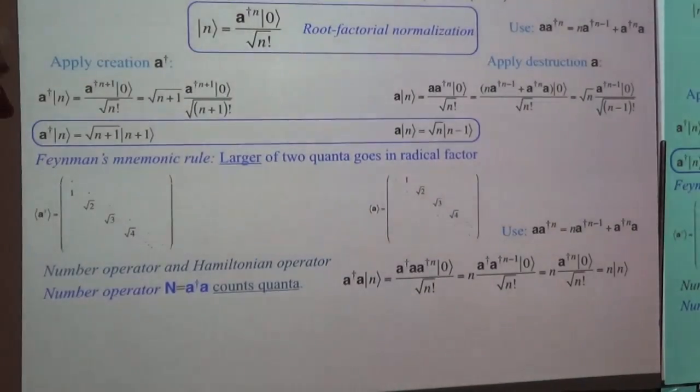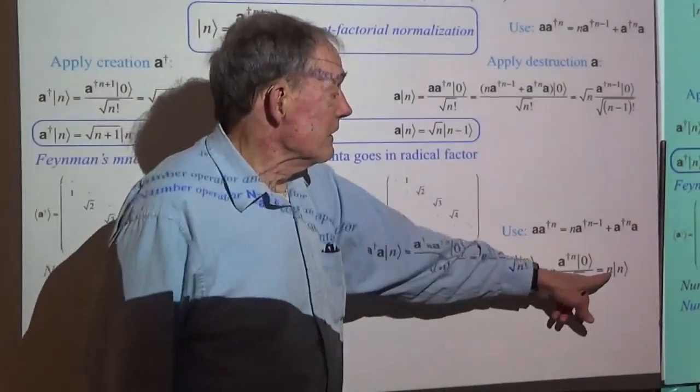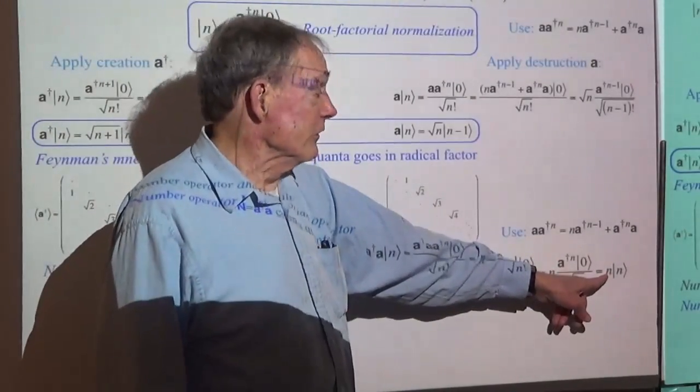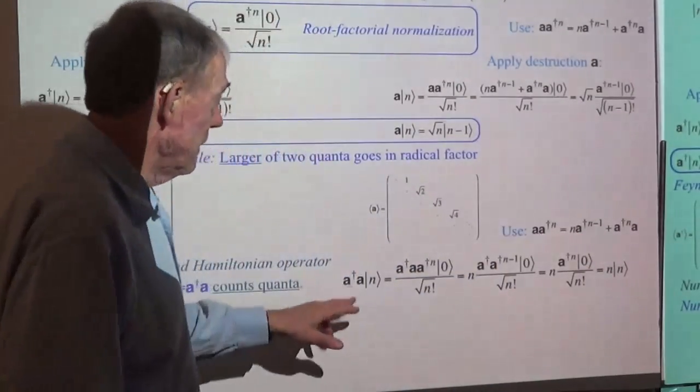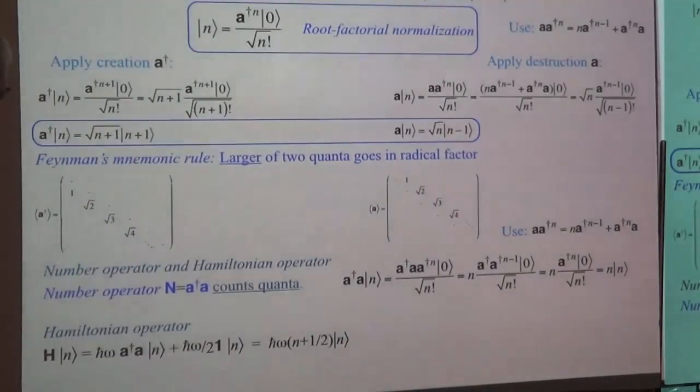That means that when I apply this operator to this state, I get a coefficient that is the quantum number of the thing. If I can, of course, I'll take the expectation value of that.